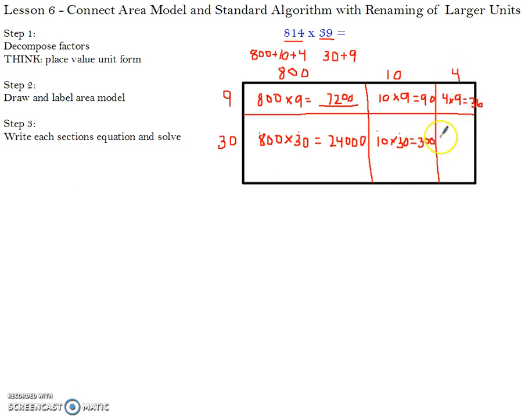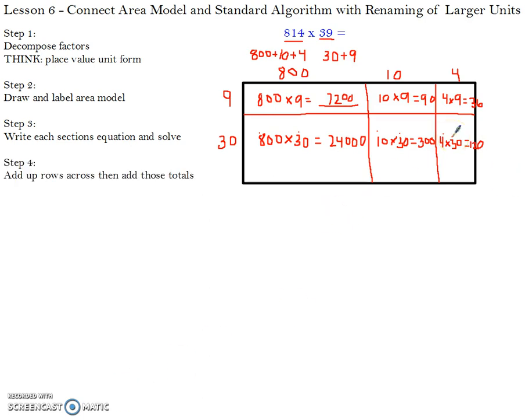And then finally, 4 multiplied by 30. Same idea, I just take that 0 out, and then I multiply 3 and 4, which is 12, for 120.